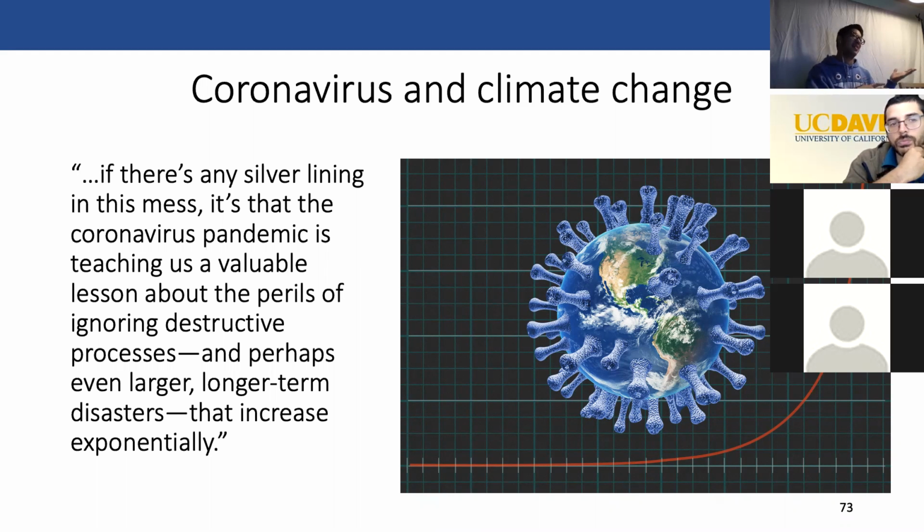That type of response is going to be even harder for something like climate change, which is a little bit more difficult to observe directly. Maybe it won't affect a current generation of adults, but maybe the next generation of adults. So they care less about it, and so hopefully this will be kind of a wake-up call for all of us.